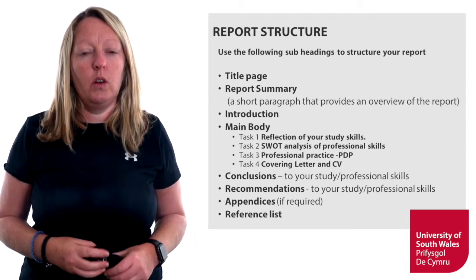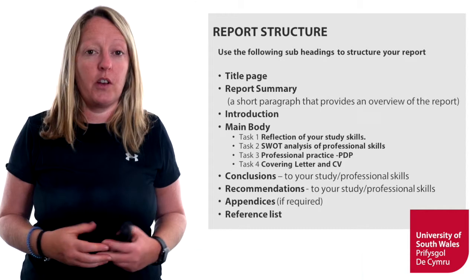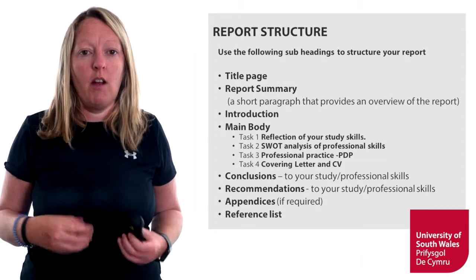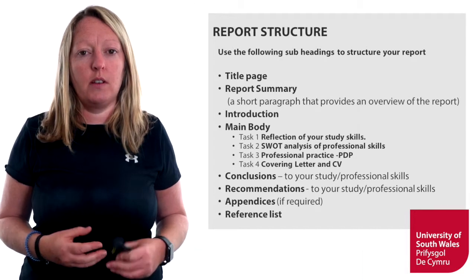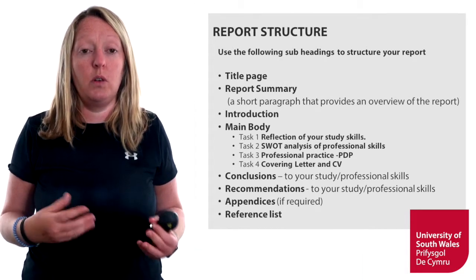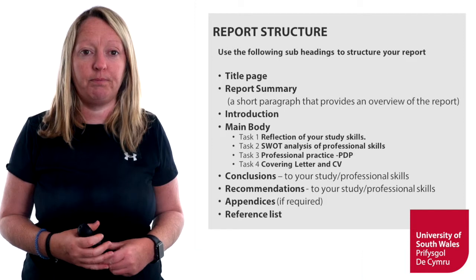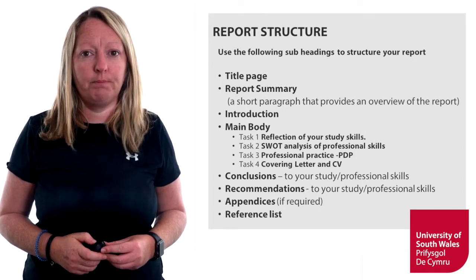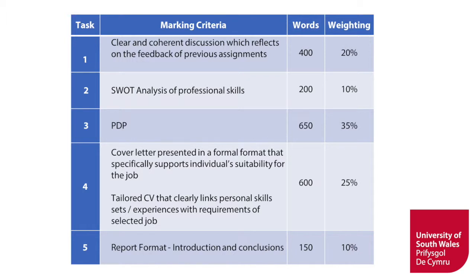The conclusion will be a conclusion to your study and professional skills. Again, a very short couple of sentences paragraph on that. Recommendations on how to improve your study skills and professional skills, and anything that you then need to include in the appendices, which will be that job advert. And then finally the reference list. So again, you can see the clear marking criteria, word count and weighting for all of these elements.